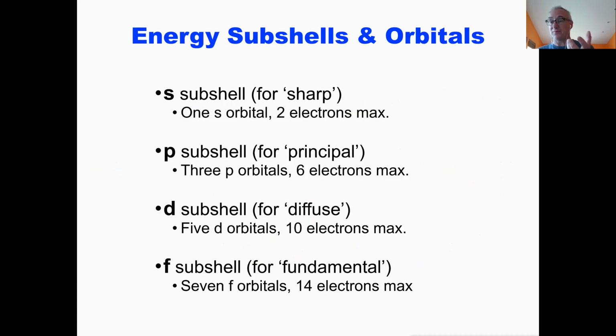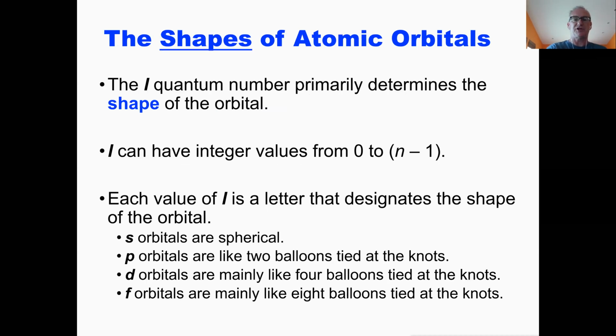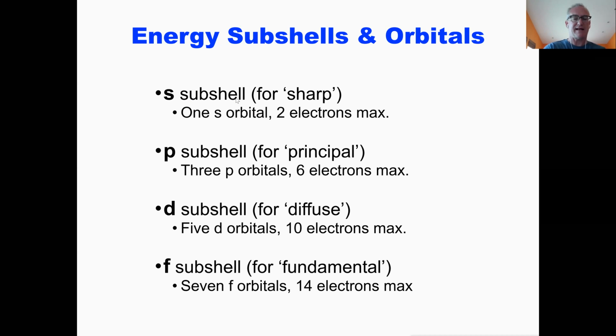So if you're wondering where the letters come from, they actually come from the light that comes off from each atom, when they look at the spectrum that the excited atoms give off.